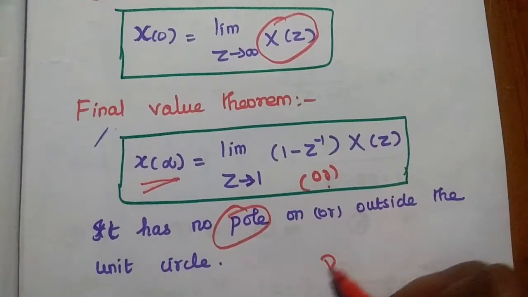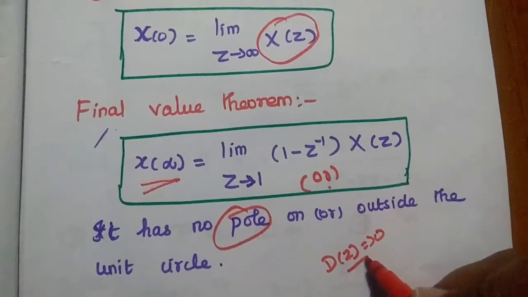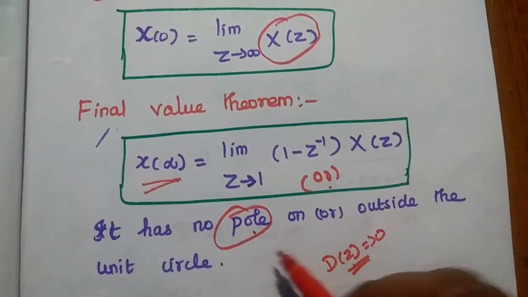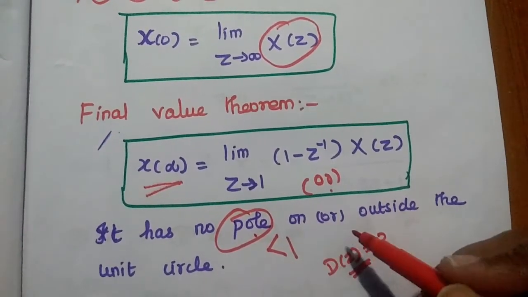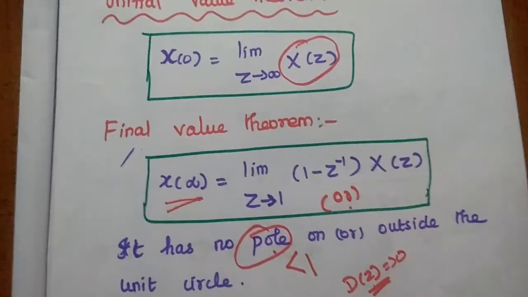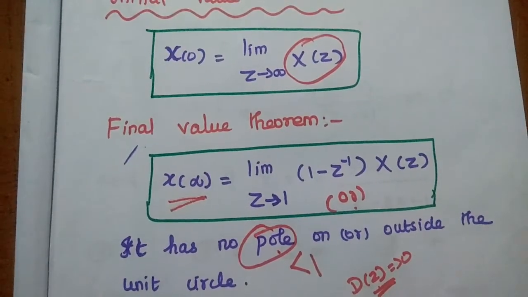We know the denominator value, correct? We have to make the denominator value 0 and from that find out the pole values. This pole value should be less than 1. If it is greater than 1, this final value cannot be obtained. Okay, so the remaining problems we can see in separate video lectures.